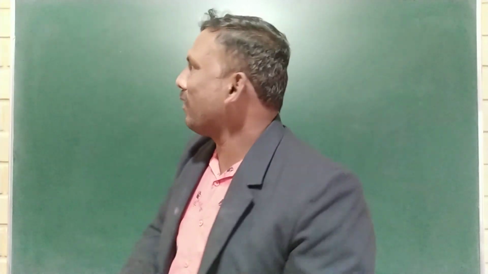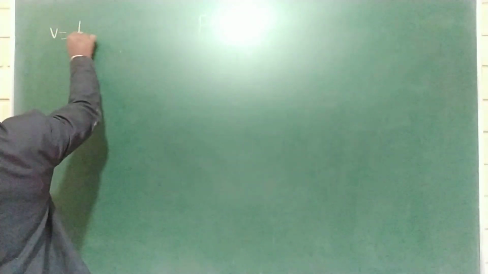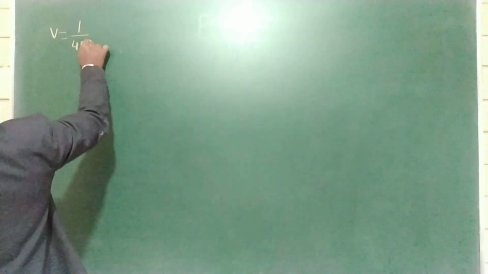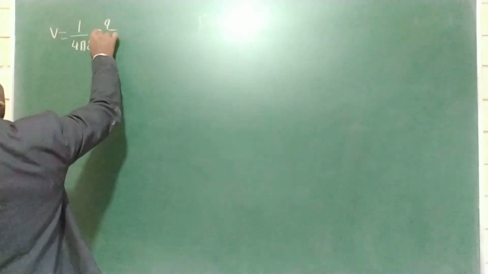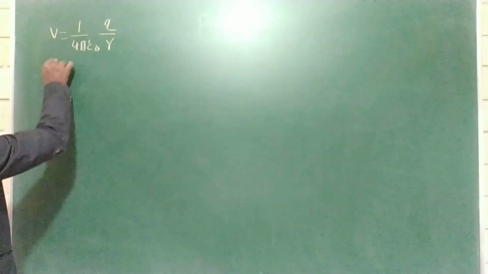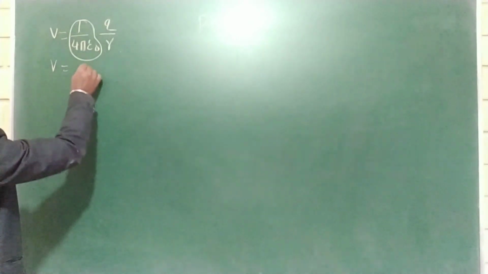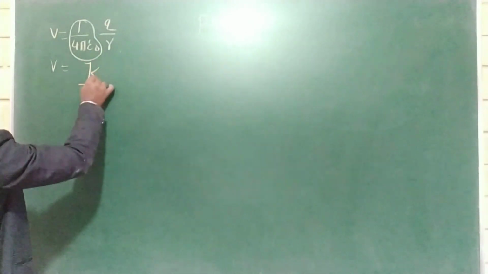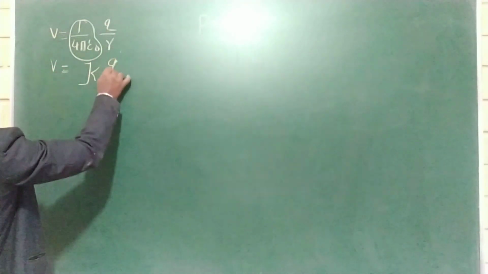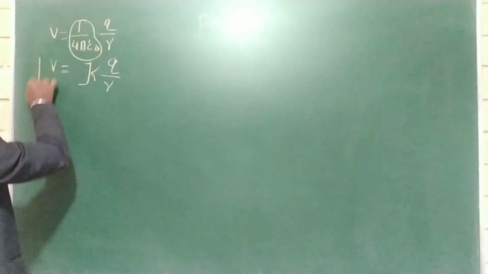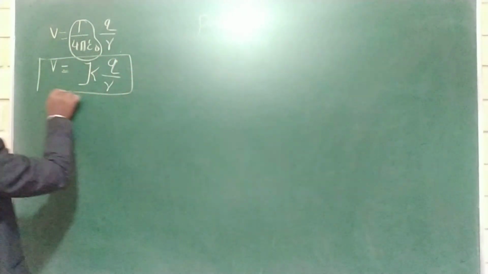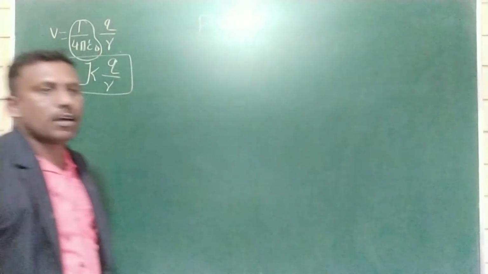That is, V is equal to 1 divided by 4 pi epsilon naught, Q divided by R. We call 1 divided by 4 pi epsilon naught capital K, so V is equal to capital K into Q divided by R.